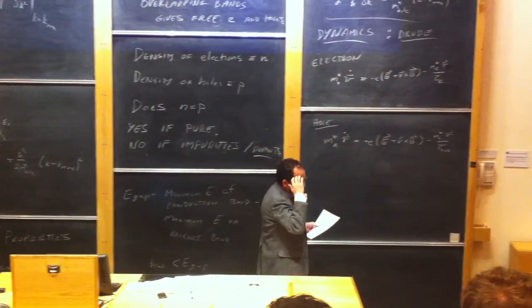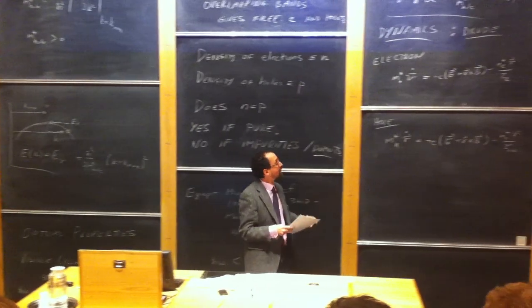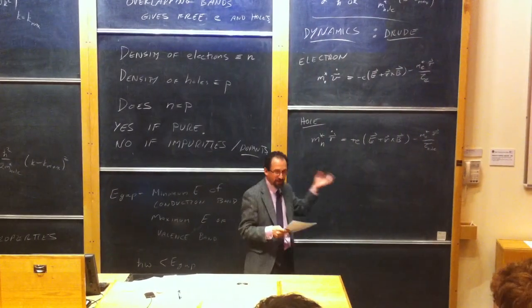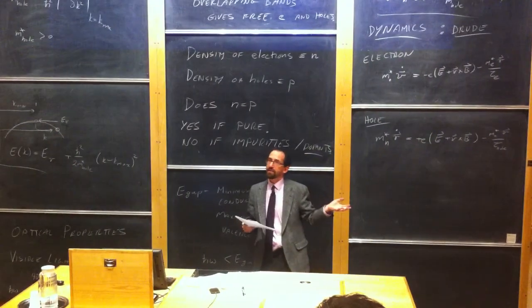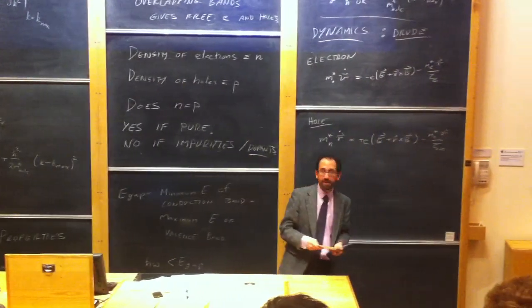Now, you can certainly dope a material with electrons, like silicon doped with phosphorus, and you'll get a negative Hall coefficient, or you can dope it with boron, and you'll get a positive Hall coefficient.